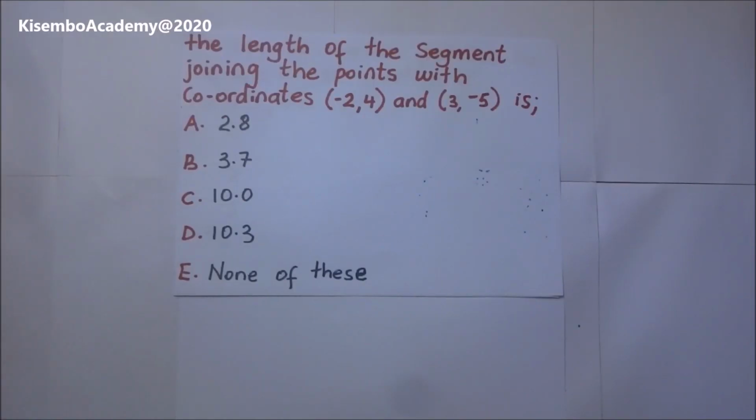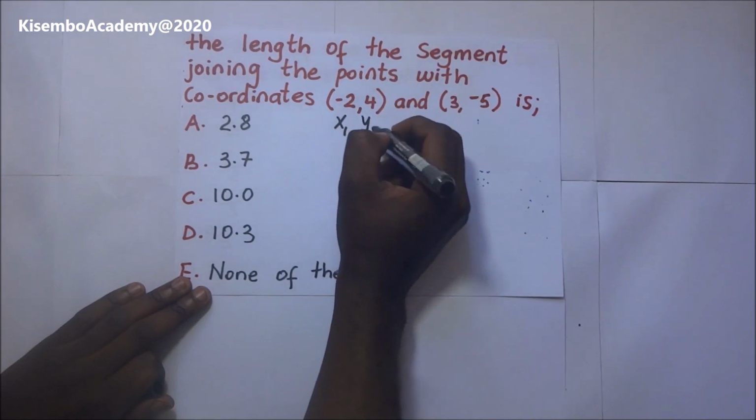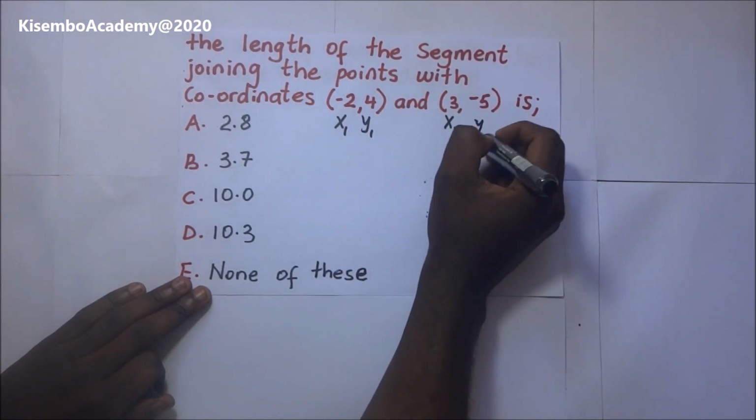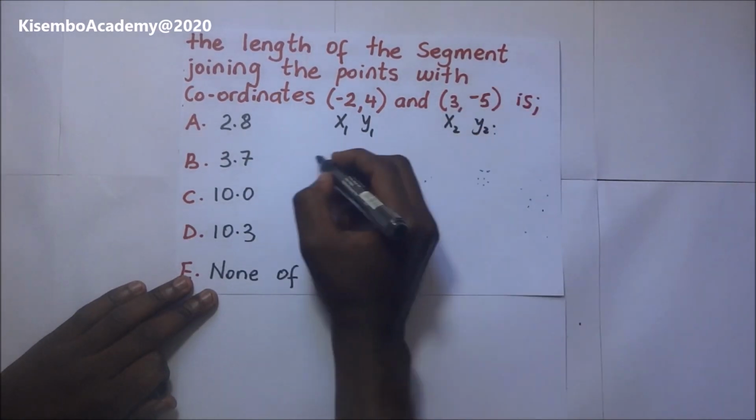The length of a segment joining the points with these coordinates is, so now we are looking at the length of the segment. Of course, this is x1, y1, this is x2, y2. When you're trying to find the length of the segment, let's call this segment AB.